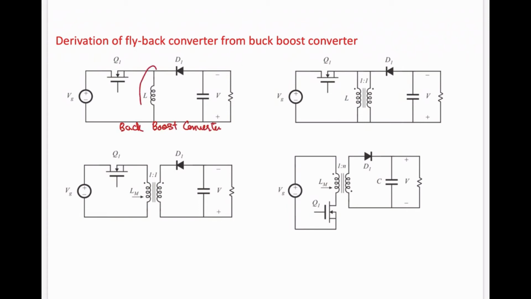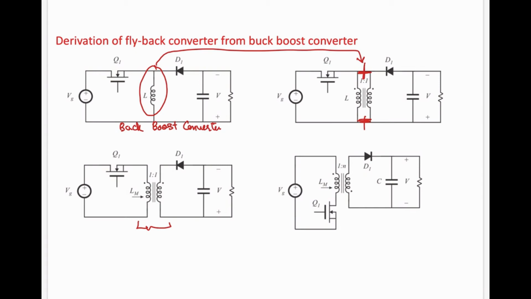So in this, if I develop this inductor with the help of two parallel wires, this can be represented like that, 1:1 ratio, and both sides are connected. And then if I break these two wires, I can represent it like that, isolated transformer, isolated windings, 1:1 ratio.